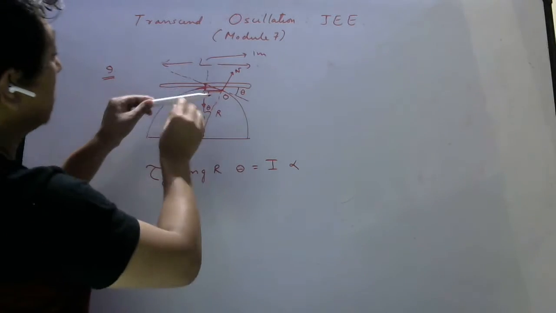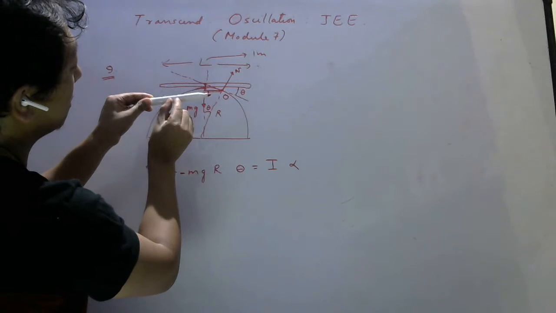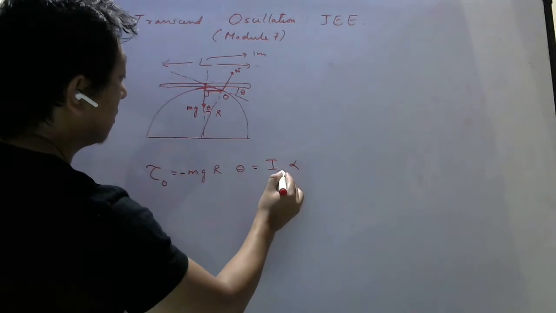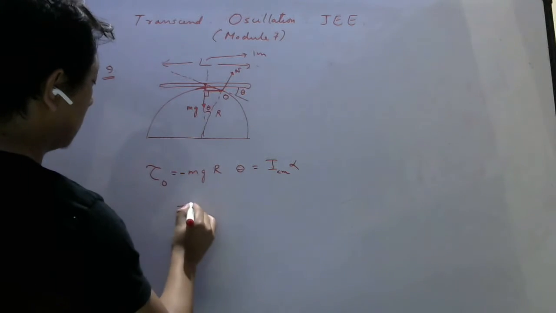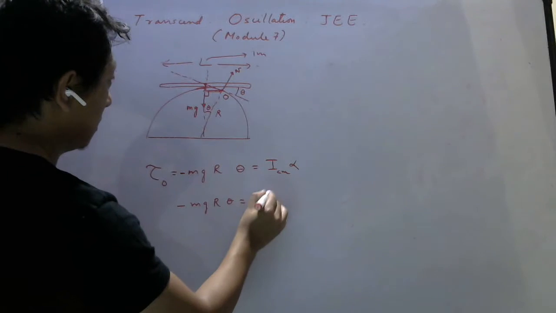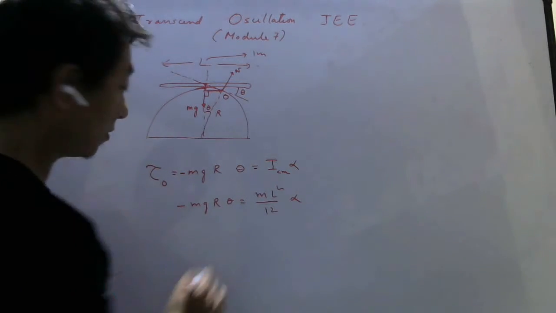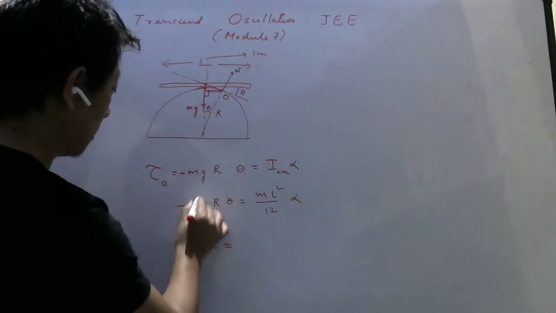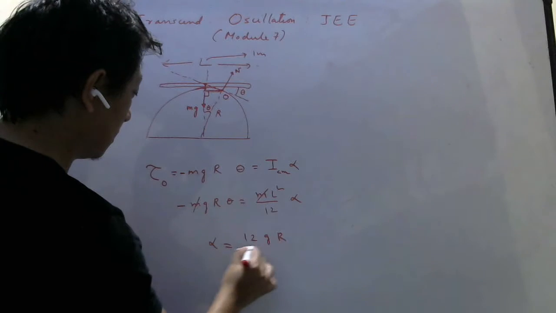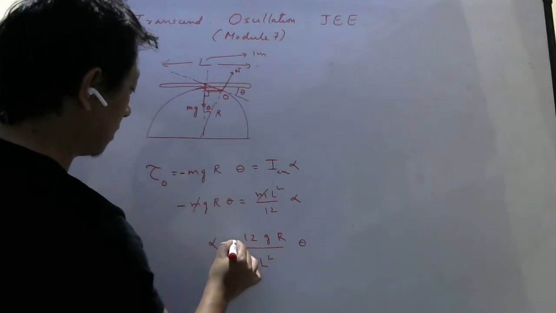Since it is a small oscillation, it is rotating around this point only, around this region. So you can consider this to be the center of mass itself. And for a rod about the center of mass, what is the moment of inertia? ml square by 12 times alpha. So alpha comes out to be, mass will cancel, 12 gr by L square into theta with a minus.